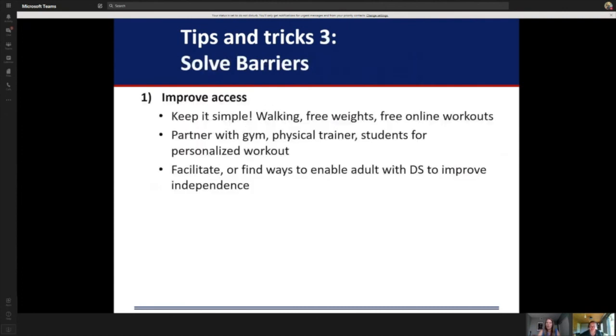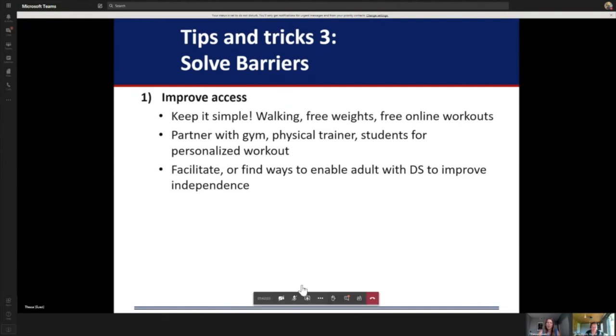So to solve some of those barriers, you can improve access by keeping it simple: walking, free weights, free online workouts. Some of those have been mentioned during the pandemic as well. You can maybe partner as an organization with a gym or with a physical trainer or students. I think there's a lot of opportunity to work with students that want to engage in community participation as well.